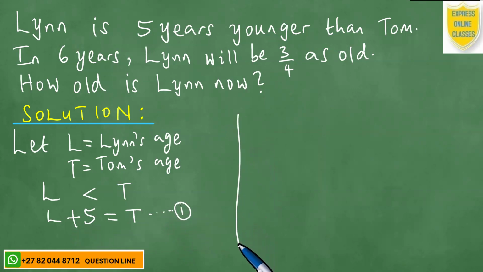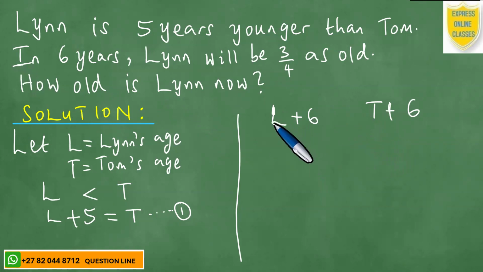Next, in 6 years, Lynn will be 3/4 as old. So we are dealing with Lynn and Tom, and we add 6 to each of these so that we push the ages 6 years ahead. We add 6 to Lynn, and we also add 6 to Tom.